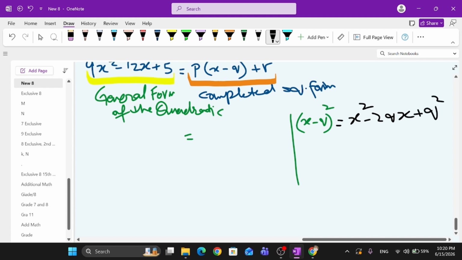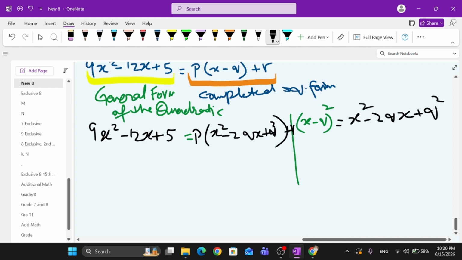Then we write it like P, and inside the bracket, the expanded form of (x minus q) whole square, x square negative 2qx plus q square, and plus R as well. This is the R. We should not miss it. And on this side, we have 9x square minus 12x plus 5.